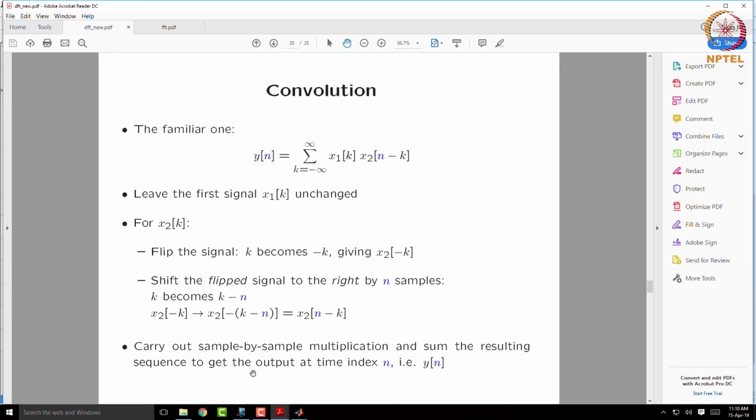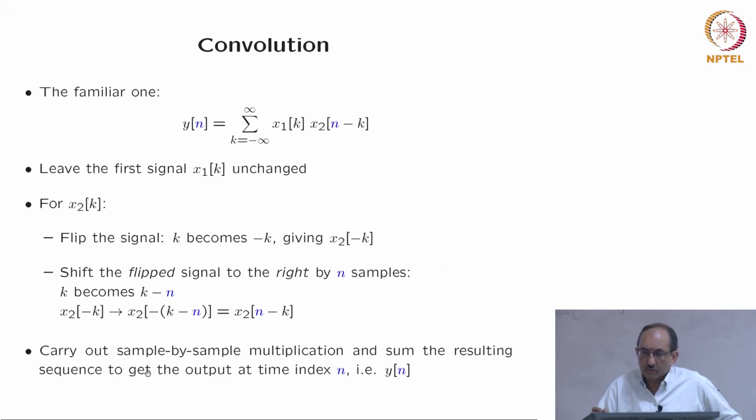So now let us look at this. We are familiar with linear convolution. y of n is the sum over all k of x1 of k times x2 of n minus k. If you recall, we replace n by k, keep one signal unchanged, take the other signal, flip it and shift it, and then multiply sample by sample, and then sum up over all k, and then you will get a number.